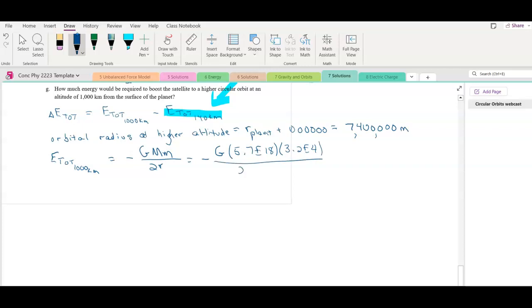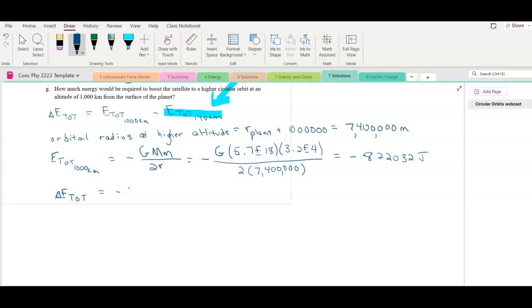And now I'm at this higher orbital radius, which is 7,400,000. And so I get negative 822,032 joules.